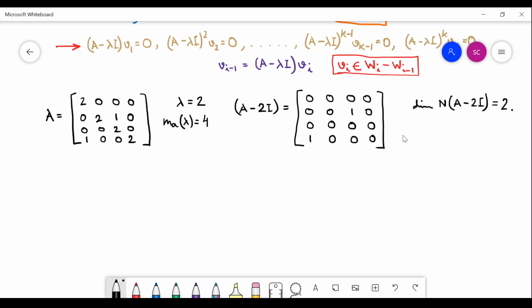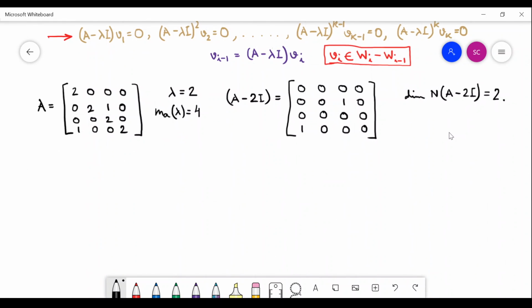But if you have to actually figure that out, then you have to see what is the minimal polynomial. What is the minimal polynomial? So obviously the characteristic polynomial is p(x) is (x minus 2) to the power of 4. What is the minimal polynomial? We have to go on doing (A minus 2I) square, cube, etc. and figure out.